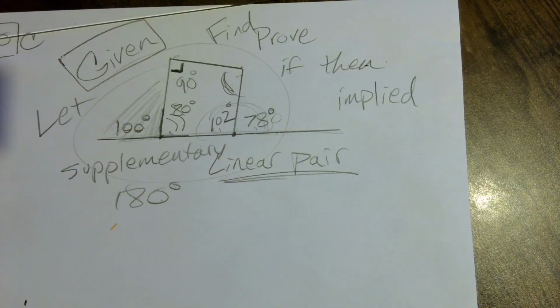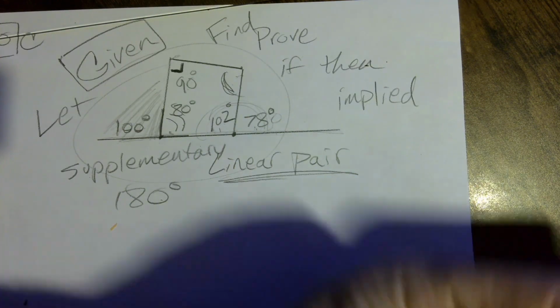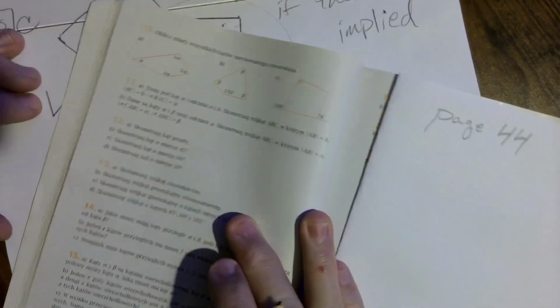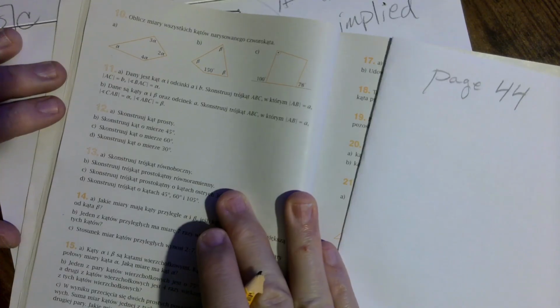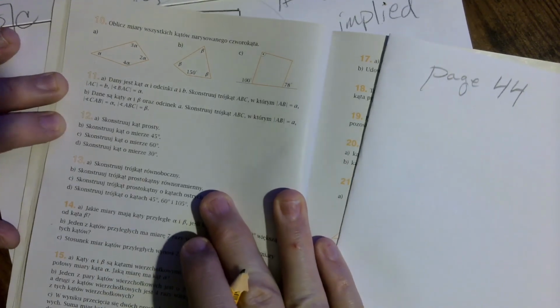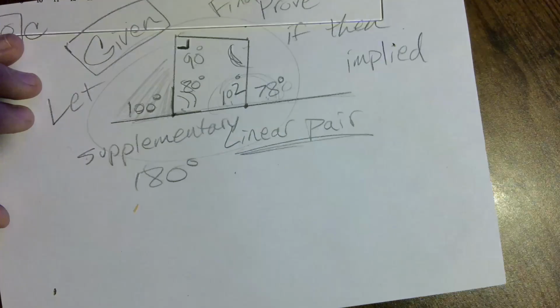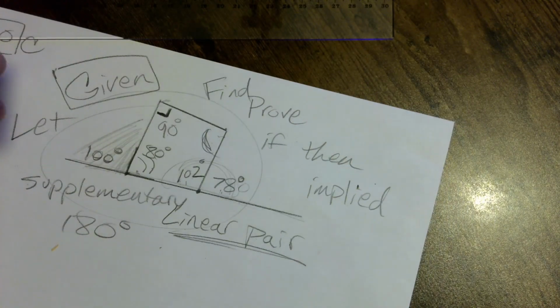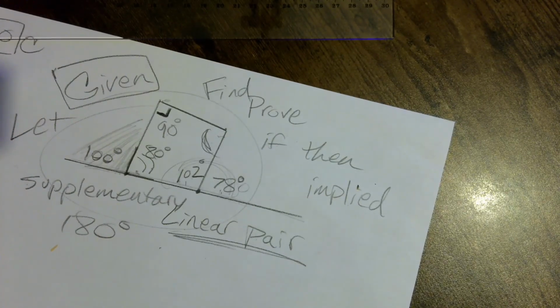Let's see, I'll have to get this back as a bookmark. And now we'll be doing 11. Okay, so piece of paper. Okay, you go 11.